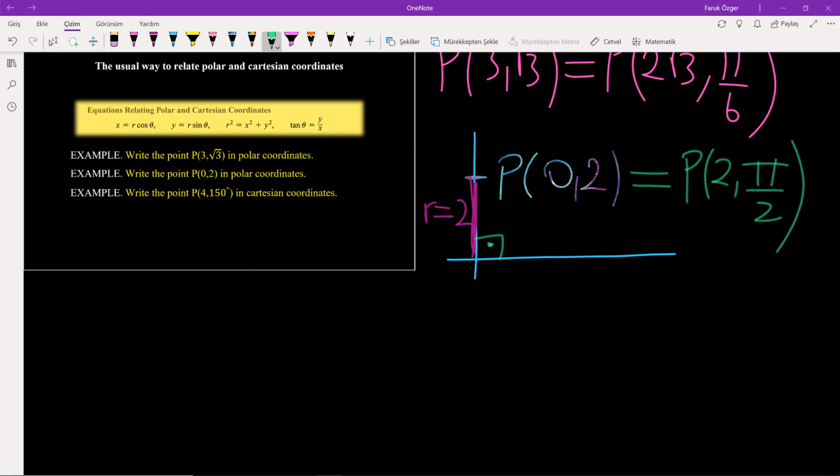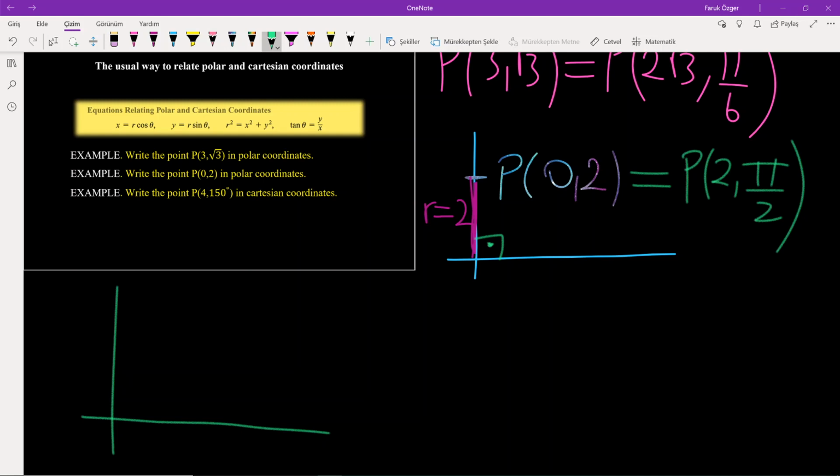What about the third question? In the third question, the point is given in polar coordinates, and we want to write this point in Cartesian coordinates. So let me draw the related figure here. r is 4, and theta is 150 degrees.